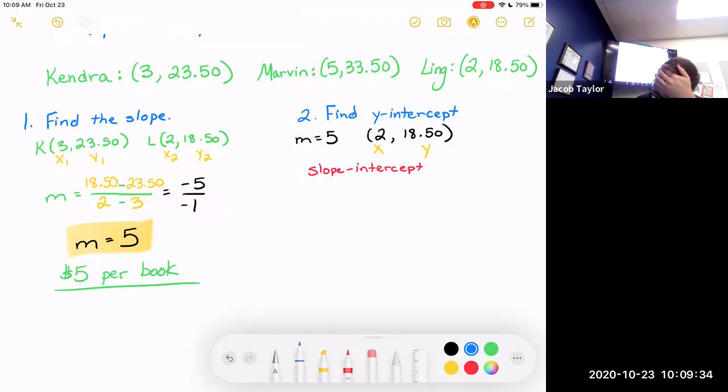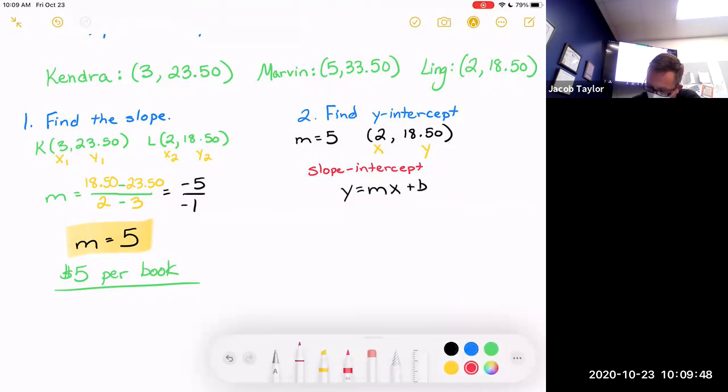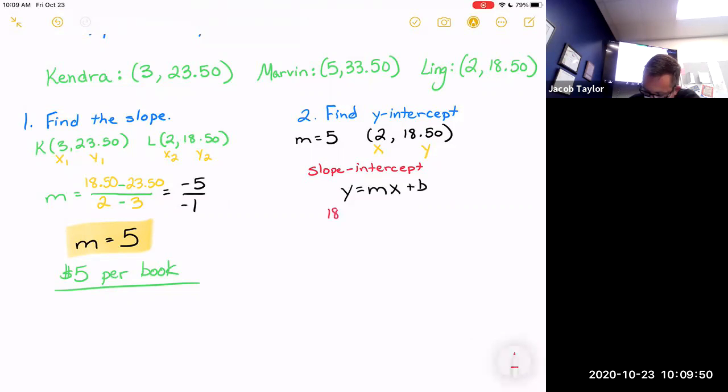So I'm going to do y equals mx plus b. And I know 3 of these variables. I just don't know b. So I'm going to replace the y with 18.50.